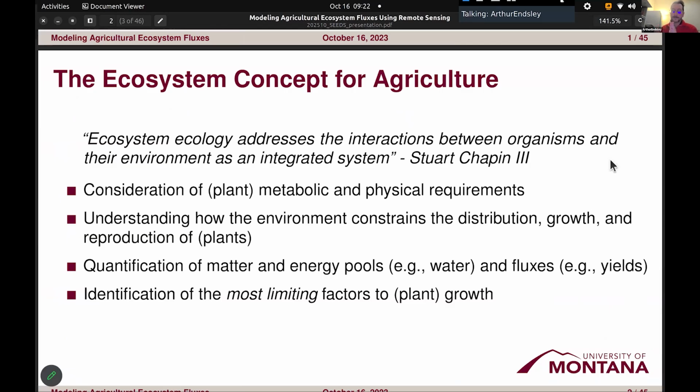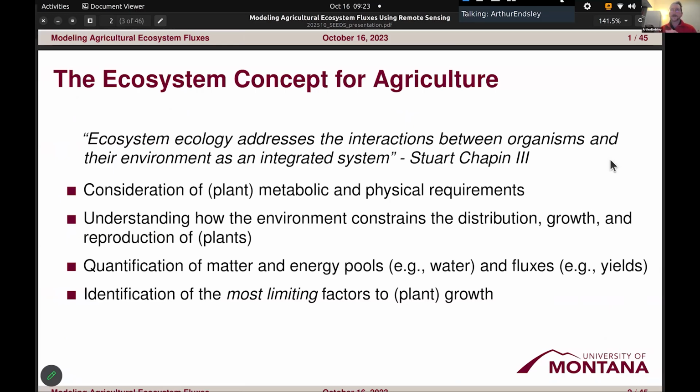I know we've got some practitioners in the audience, so why would it be useful to consider agricultural systems as ecosystems? Well, there's an advantage to this viewpoint. In ecosystem ecology, we have explicit consideration of plant metabolic and physical requirements.